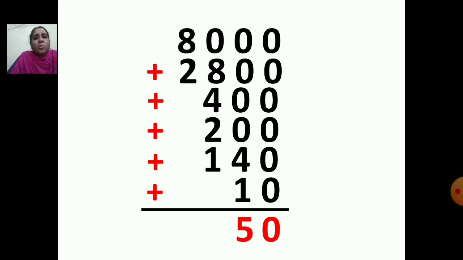And 14 plus 1, 15. So 5 will come down. 1 will go in thousands place. Now 8 plus 1, 9. 9 plus 2, 10, 11. 11 will come. So what is your answer? 11,550.